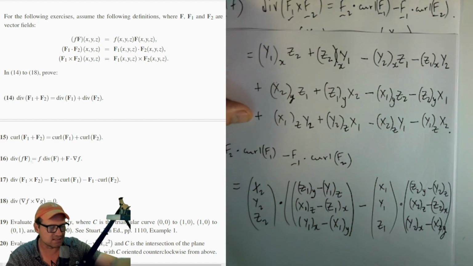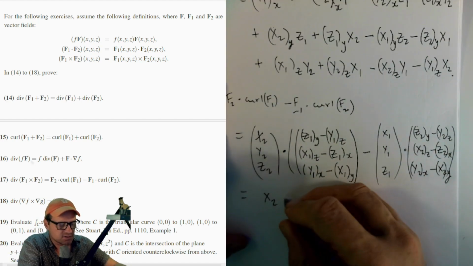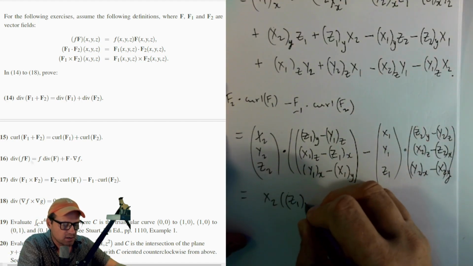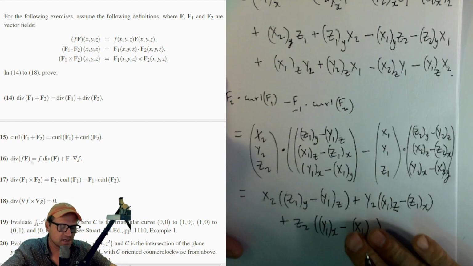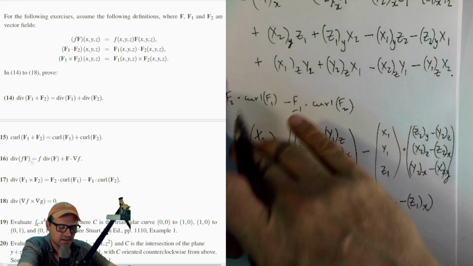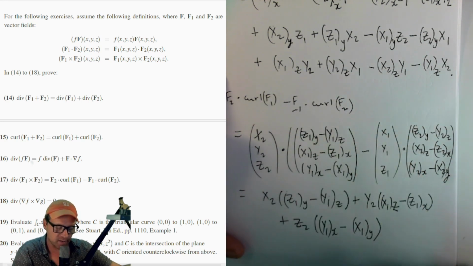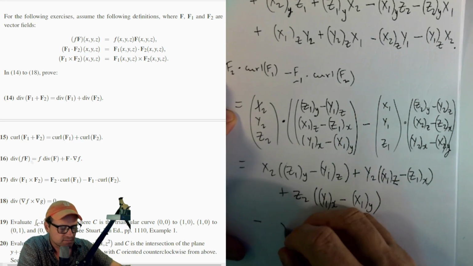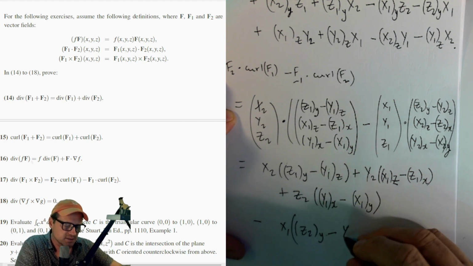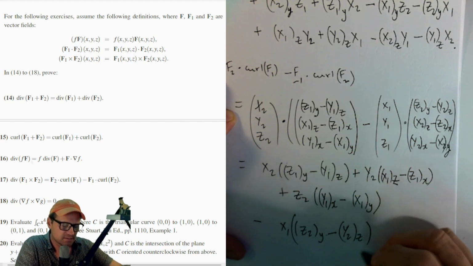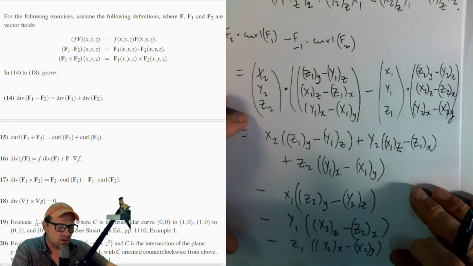So let's do at least some of this. So x2 brackets (z1 subscript y minus y1 subscript z) plus. Okay, so this is this dot product expanded, and then we have minus x1 brackets (z2 subscript y minus y2 subscript z), which is this. And so let's have a look.